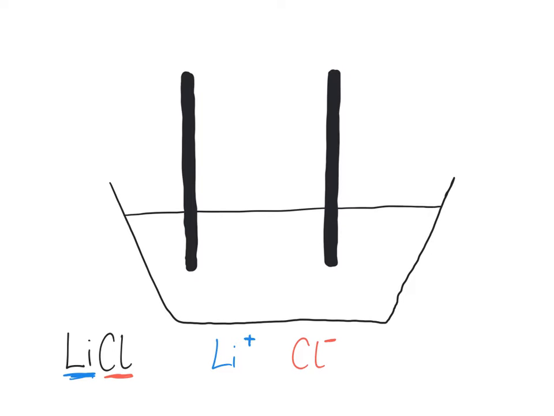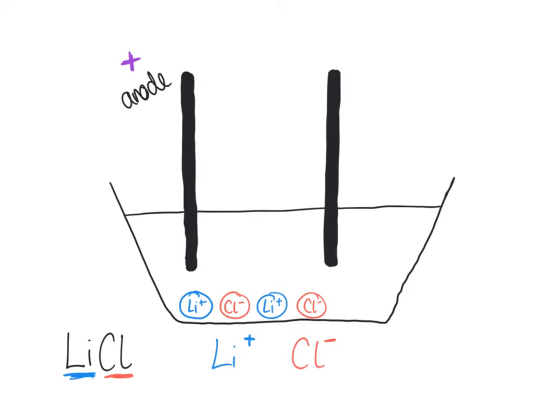So if we draw those in, our electrolyte is going to be made up of lithium ions and chloride ions. Again, they are free to move about the liquid and move towards the electrodes. We'll have the anode on the left, and we know that the anode is positive.